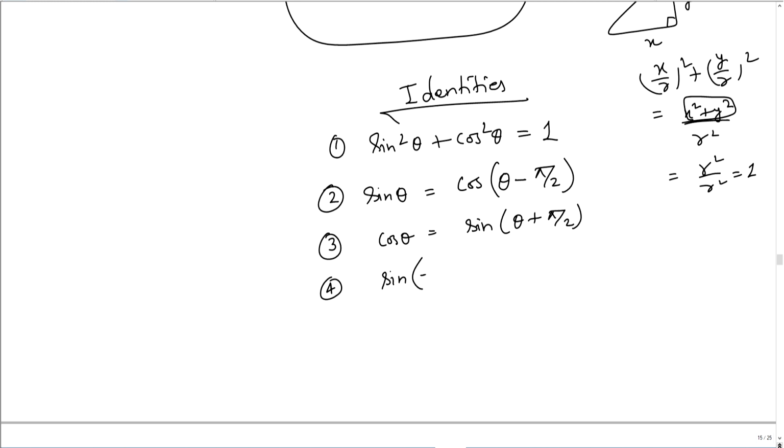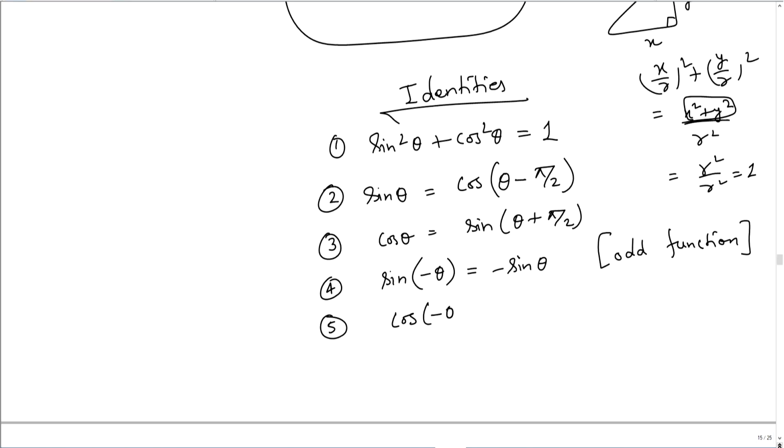Now what if I give sine of minus theta? This would be equal to minus sine theta, and this kind of function is called an odd function, where the function of minus x is equal to minus f of x. If that property holds, then it is called an odd function. Now cos theta is an even function.